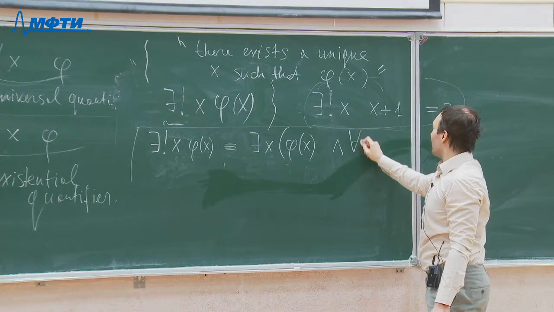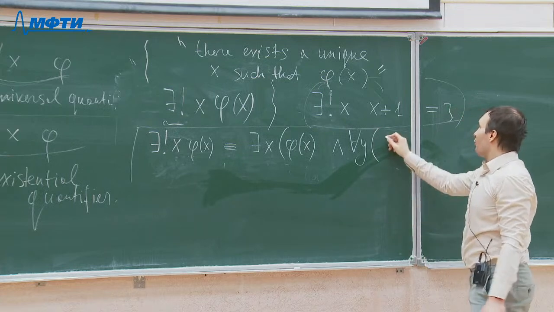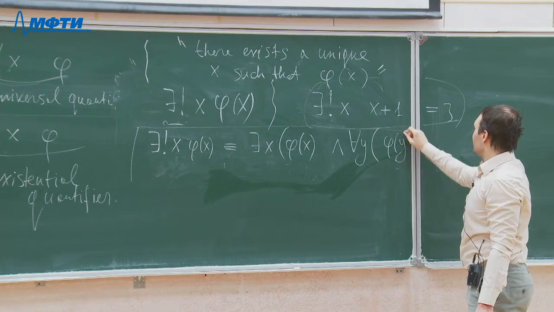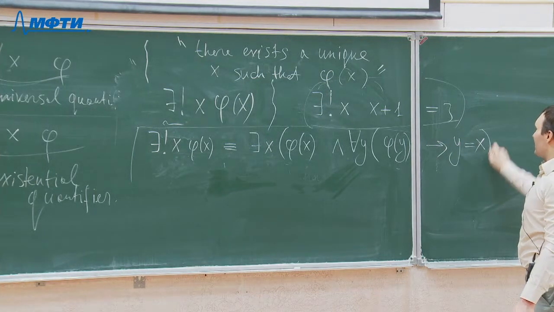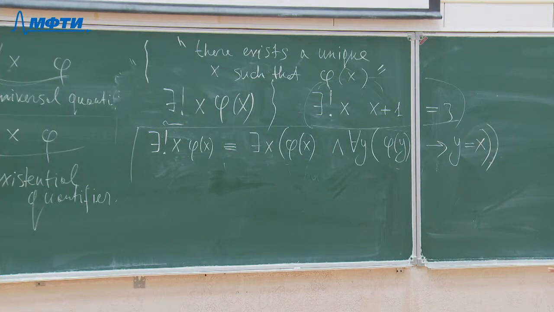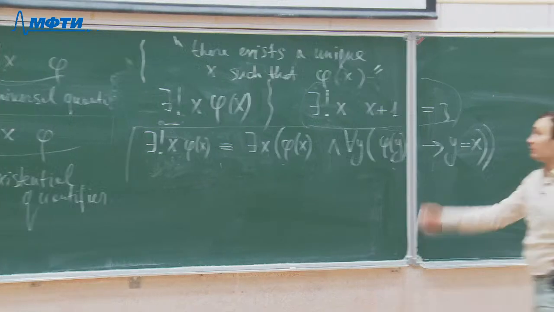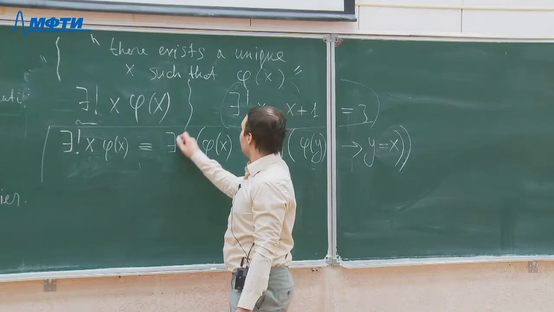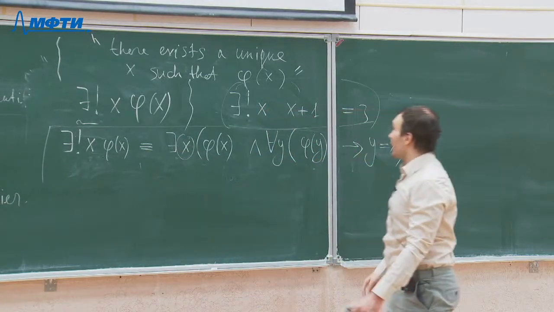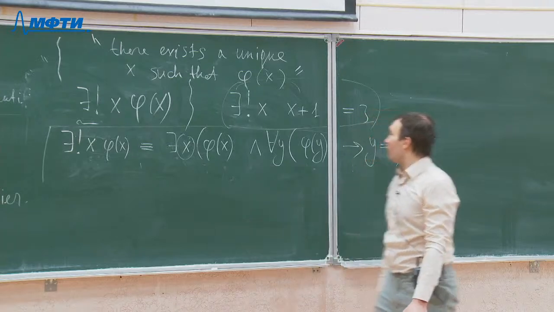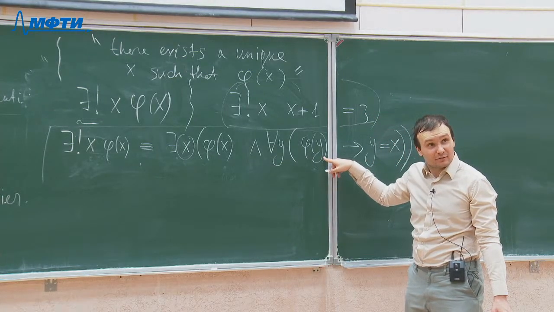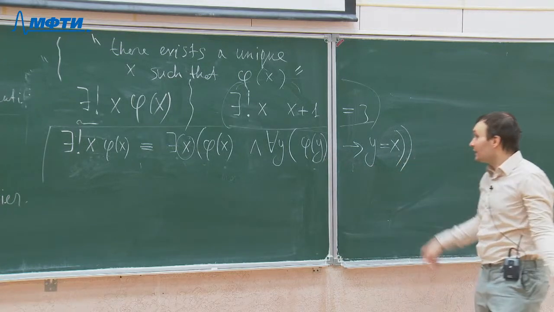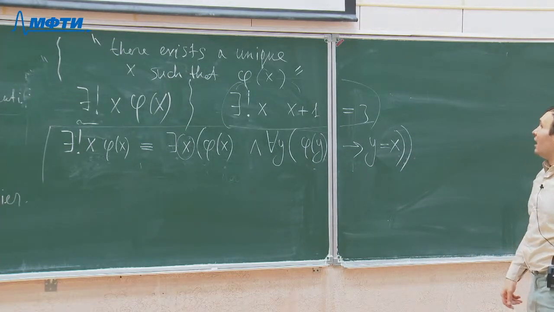And for each y, whenever y satisfies phi, y must equal x. Let's think about it. What does it mean? There exists x such that x satisfies our phi, and each y satisfying phi equals x. So x is the unique one.